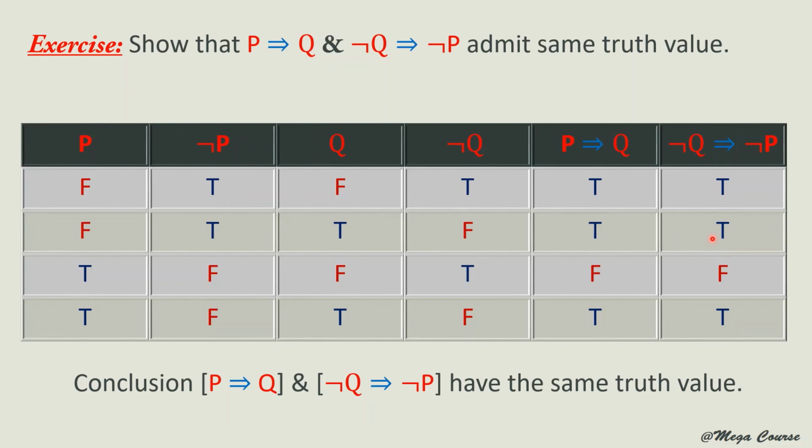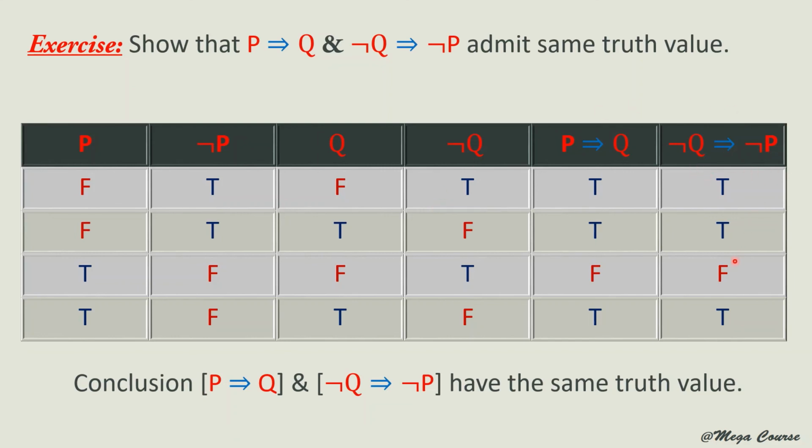But whenever not Q is true and the negation of P is false, we have a true statement that gives us a false statement, which gives us a false implication. Then not Q implies not P is false.